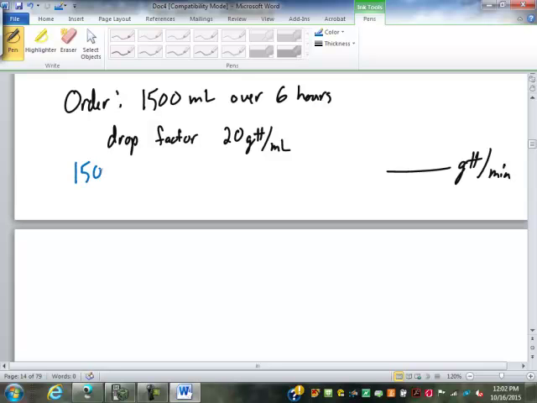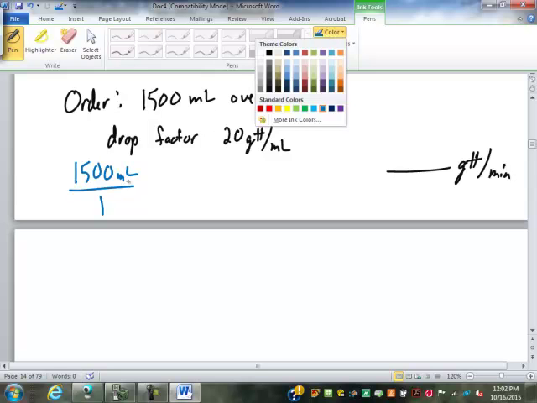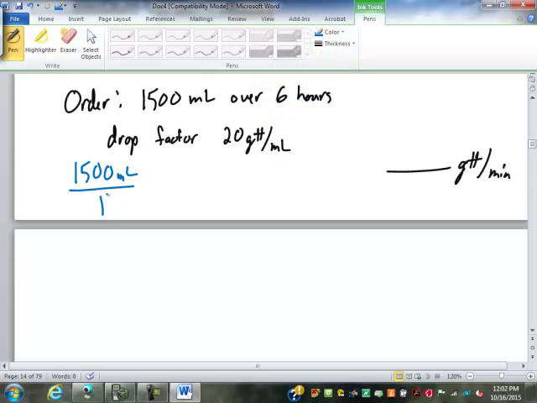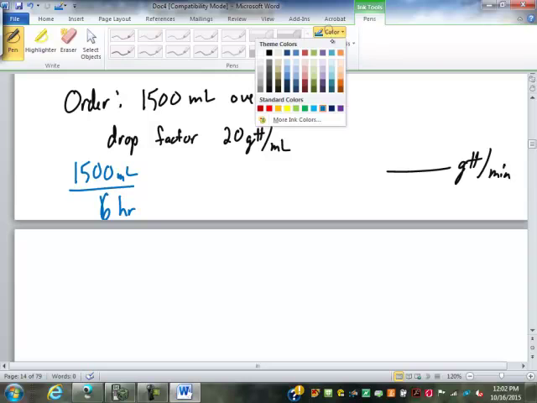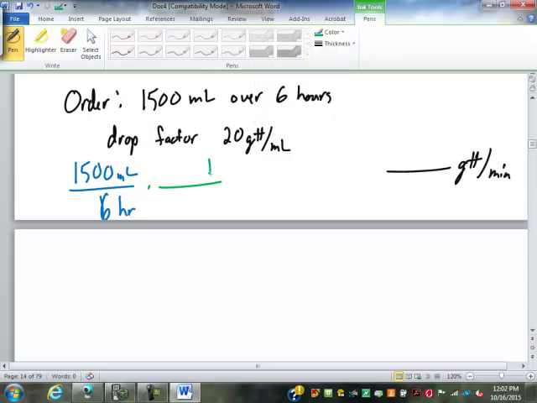So again, 1,500 milliliters over 6 hours. We have to get rid of the hours. I'll go to minutes. 1 hour is 60 minutes. So we're now rid of the hours. We have to get rid of milliliters. So milliliters on bottom. And we're switching to drops. We have the drops per milliliter. 20 drops is 1 milliliter. Milliliters is gone.